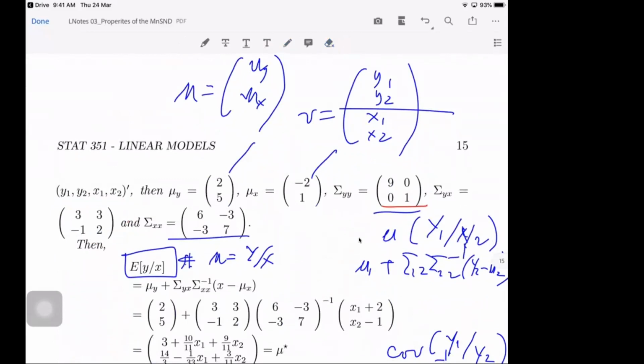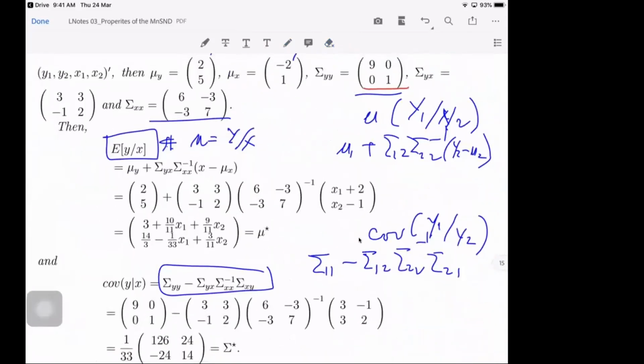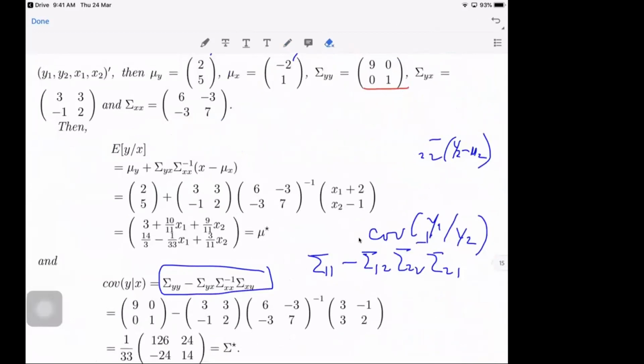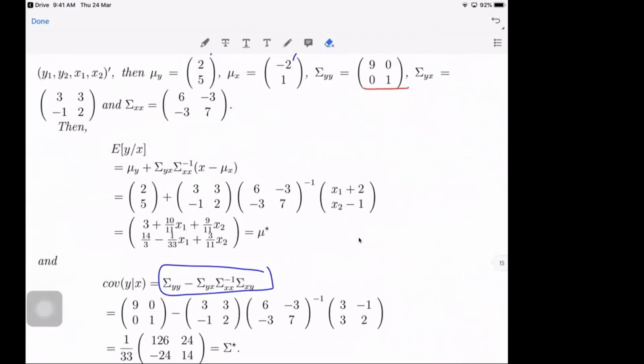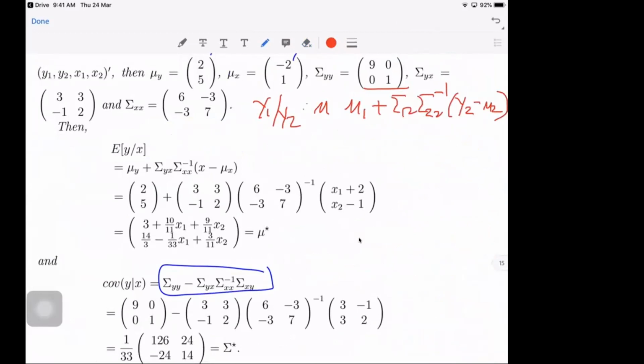So using the formula now, our formula for the conditional distribution, if we have y given y2, the mean vector of that is mu1 plus sigma 1, 2, sigma 2, 2 inverse y2 minus mu2. Okay, so that is your formula. So your mu1 here will be mu y.